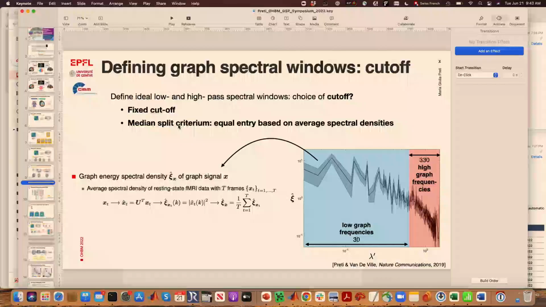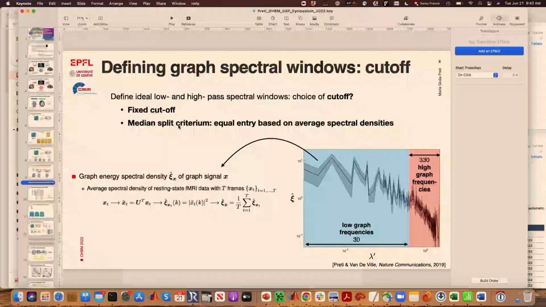So instead of picking just a number, like it was done also in the past, we decided to use a median split criterion. So we split the spectrum into two portions with equal energy. So this, you see, is the energy of the resting state functional signal projected on each of the harmonics, so the energy of each harmonic in the signal.